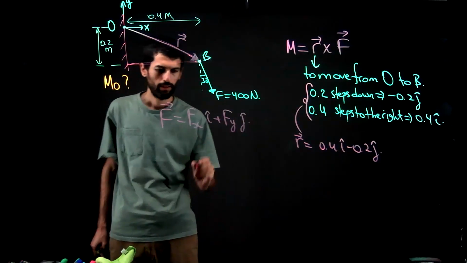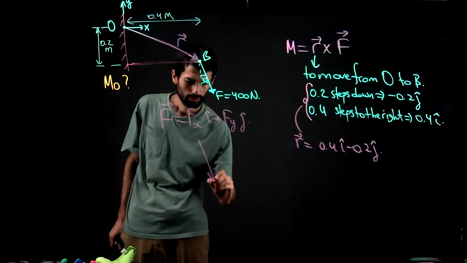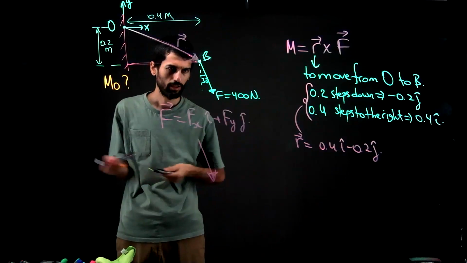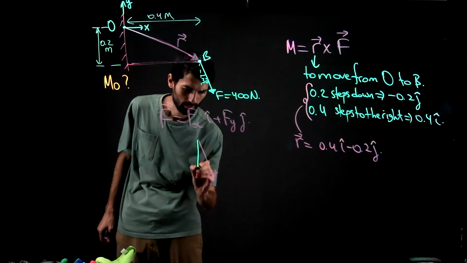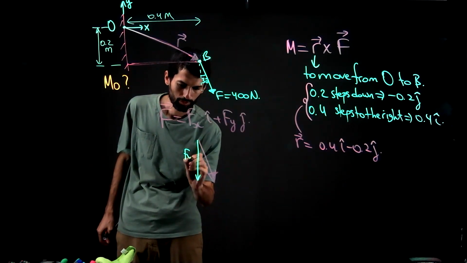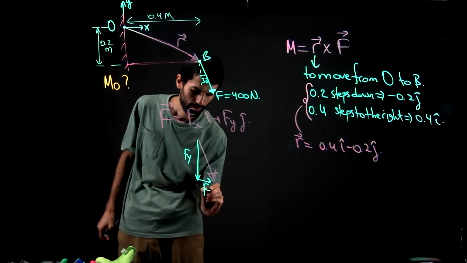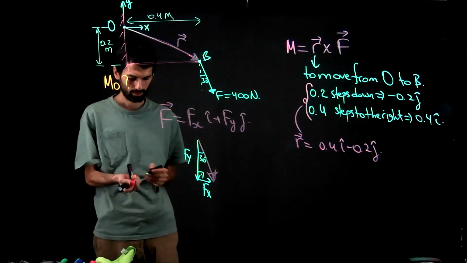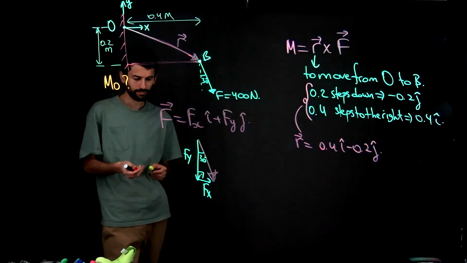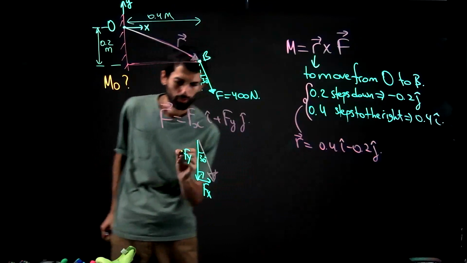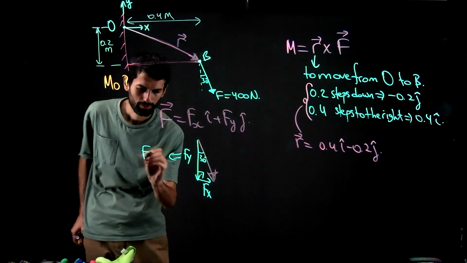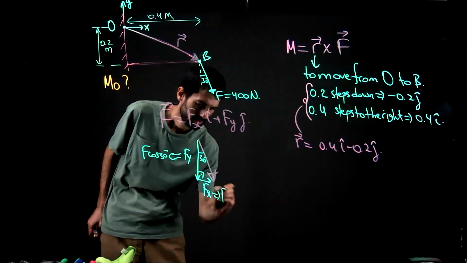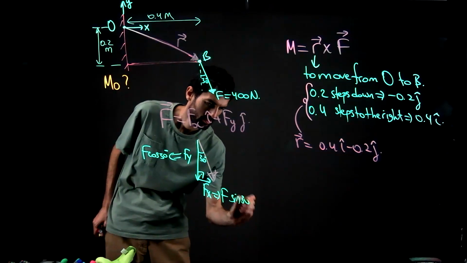The force makes an angle of 30 degrees, so it will have F_y and F_x. F_y is F cosine 30, and F_x is F sine 30.